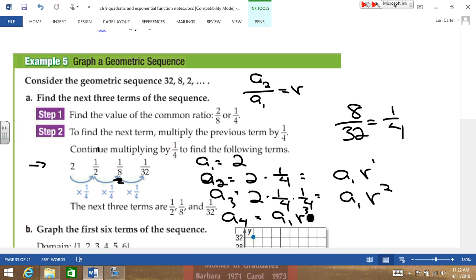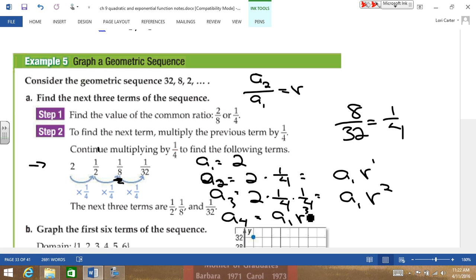It works every time, but it's a weird way to look at it. What's happening is, does the first term have a ratio? No, because that's your starting point. So you're always 1 less because your first term never has it.